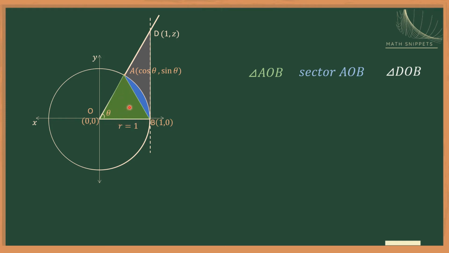Now visually, we can see that the area of triangle AOB, the one in green, is less than the area of the sector AOB, the one in blue, which is also less than the area of triangle DOB, the one in purple or light blue.